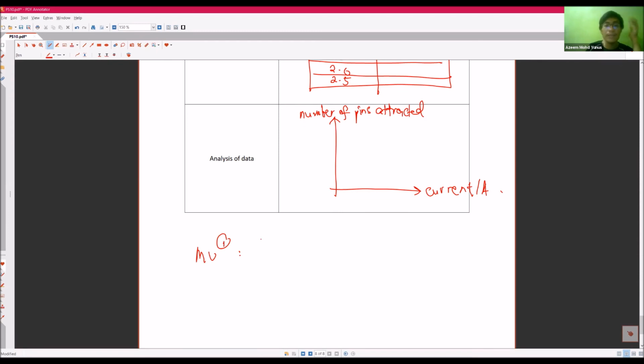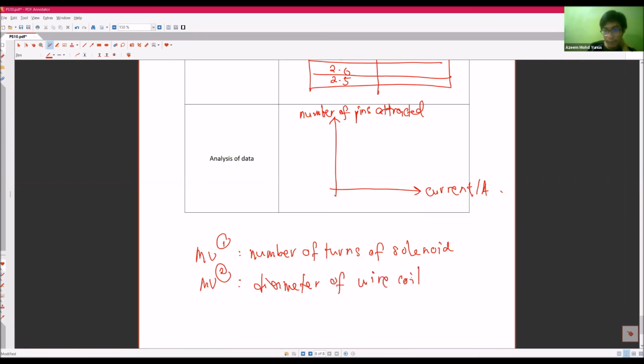The first factor other than the current is the number of turns of coil. The second one is the diameter of wire. And I think the third is the presence of soft iron core, but it's not measurable, so it will not be asked in the SPM.